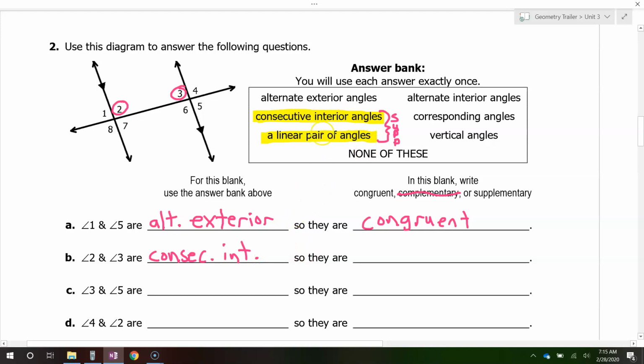And like I said, that's one of the two that are supplementary. Interior means that they are between the lines. All right, 2 and 3 are between the parallel lines. That's what makes them interior. They're consecutive because they are on the same side of the transversal. If they were on opposite sides, like 2 and 6, they'd be alternate interior.